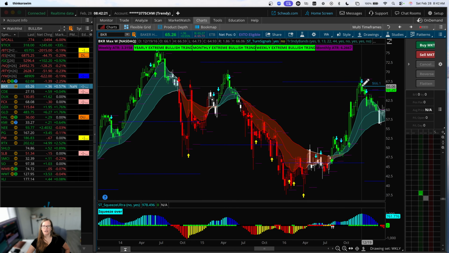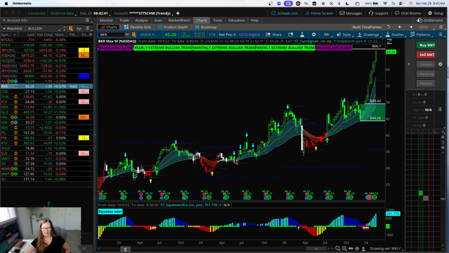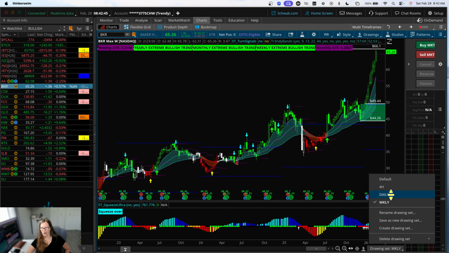Okay, so basically your weekly supply zone is going to be right in here at 66 to 68 and a half. You see the inside and down structure. That's where the target would be. All right, now keep in mind, on the daily, you have some structure right where price is at.